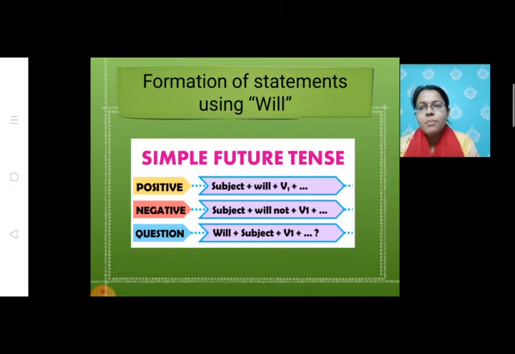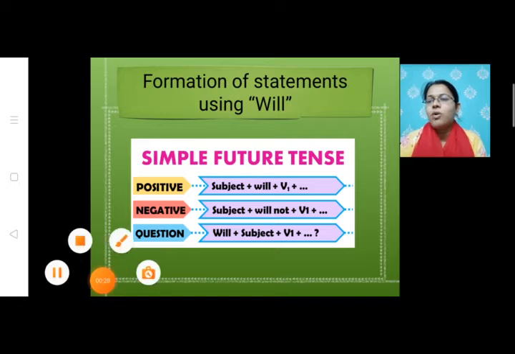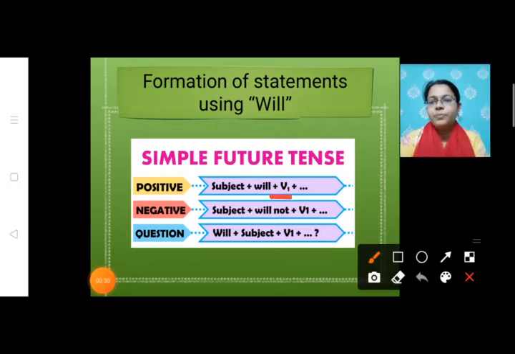While making a positive sentence, we are going to first write the subject, then we will add will and then V1. V1 over here is the base form of the verb, that is the present form of the verb, and the subject is the person who carries out the action.